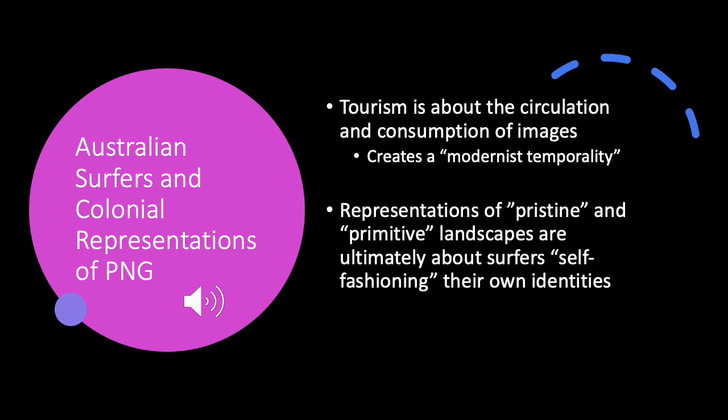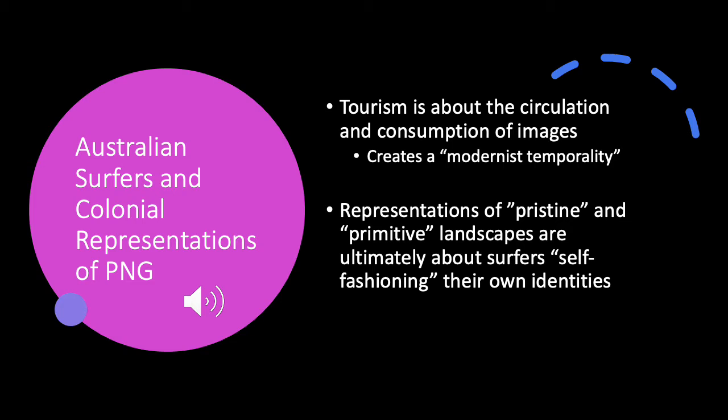All of which frames Papua New Guinea as a destination because it's understood by these Australian surfers to be a pristine environment, kind of a world prior to capitalist expansion, right? So it's a very romantic understanding. The idea is that Papua New Guineans have not been tainted by capitalism in the same way Australia has been.